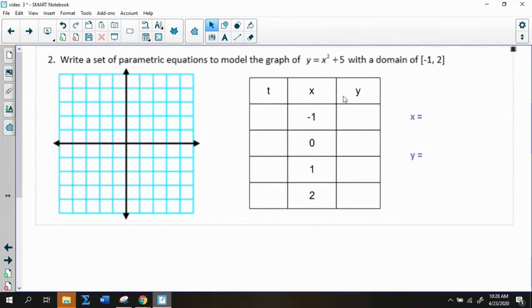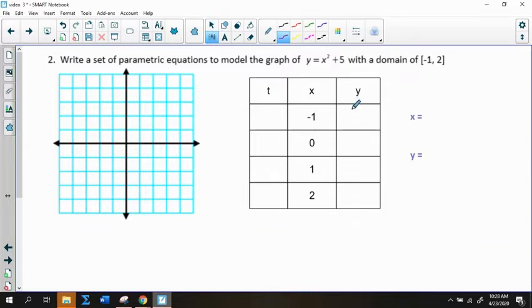So when x is -1, I get 6 here. When x is 0, I get y is 5. X is +1, I get 6 again. X is +2, I get 9. So this isn't going to fit really well on here. I think I'm going to go by 2s on my y's here.